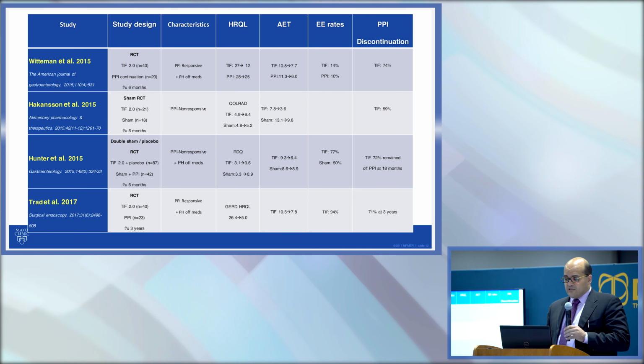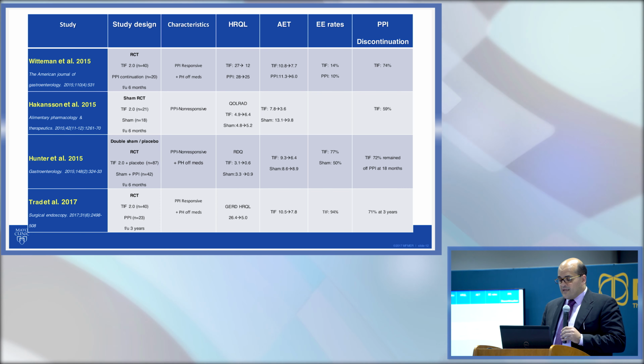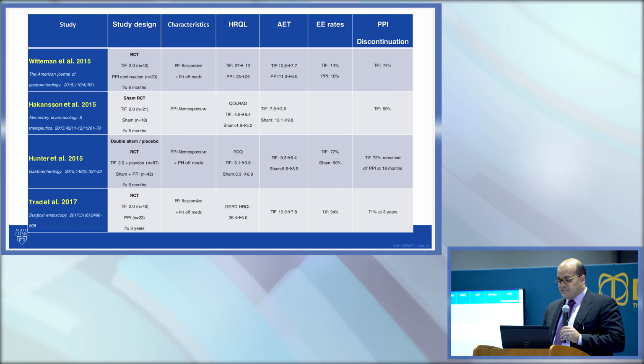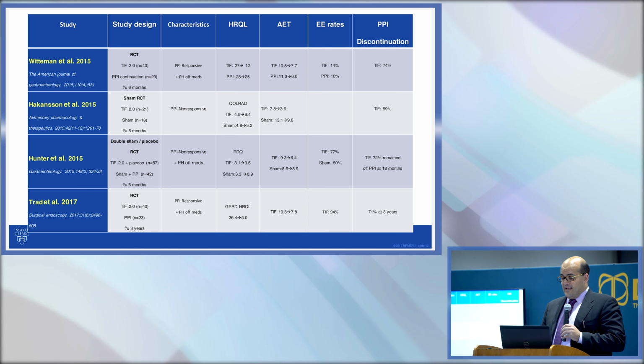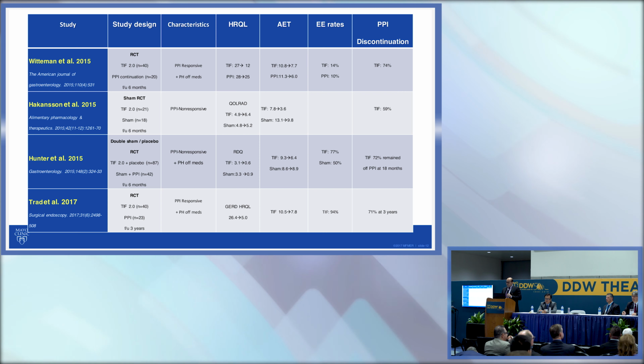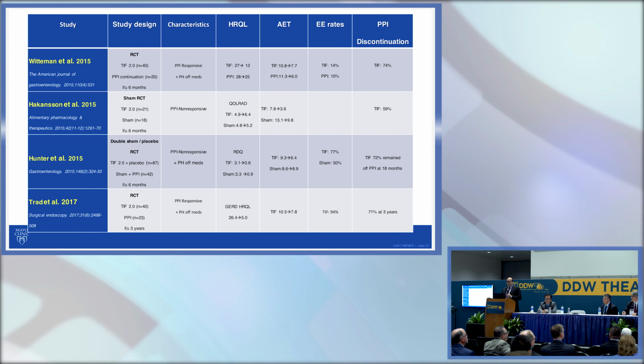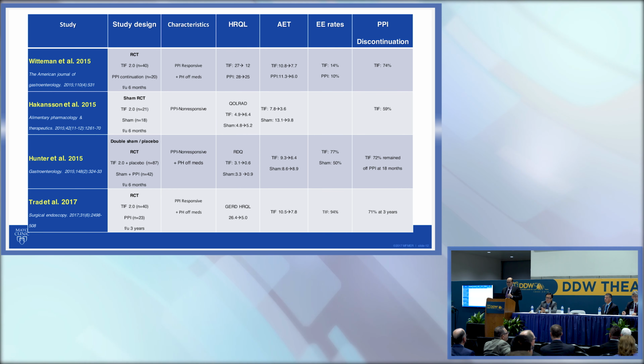But these trials usually are comparing the TIF 2.0 procedure to either PPI or sham or double PPI or double placebo and sham. And generally, they have investigated PPI responsive patients with a positive pH off medication. Some of them investigated PPI non-responsive patients. So it's very important to keep these baseline characteristics when you interpret the literature.